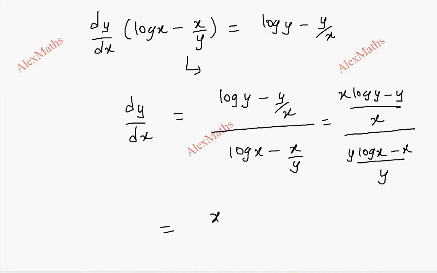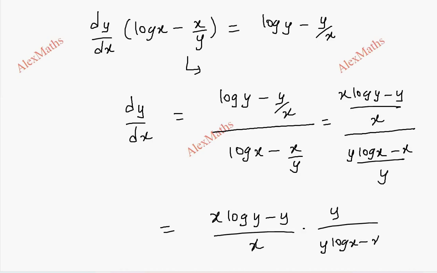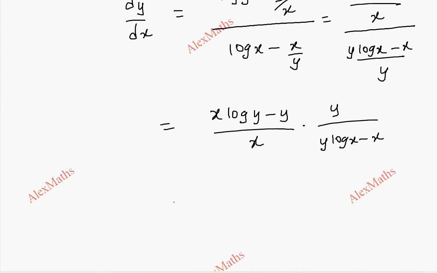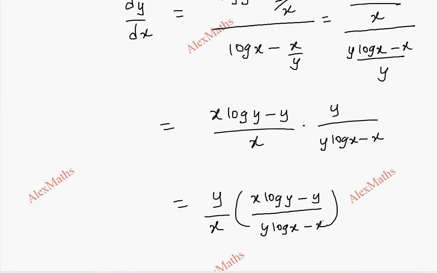So we take x log y minus y by x into y by y log x minus x, and finally rearranging we get y by x, x log y minus y by y log x minus x. This is our required dy by dx.